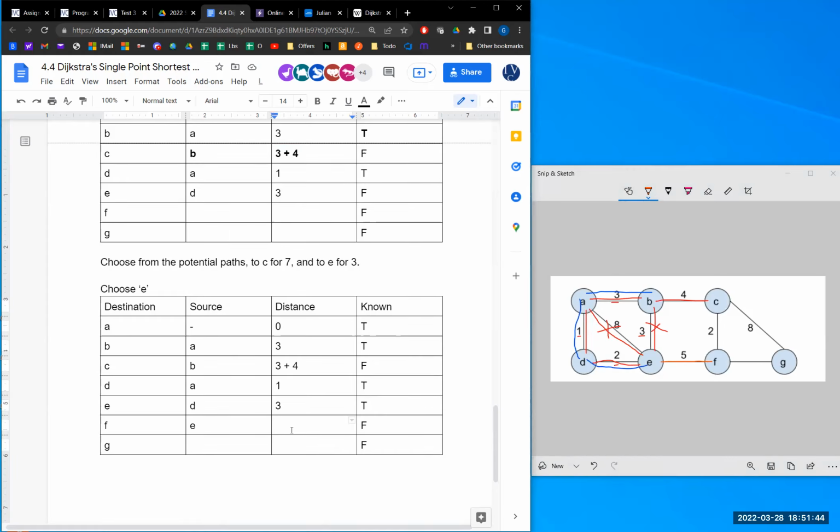Just toss a number in the chat if your keyboard's working. If A is our starting vertex, what is it going to cost us to get to F? 8, 3 plus 5, all good answers, right? 3 plus 5 took us 3 to get to E, which is a 1 plus 2, but that doesn't much matter at the moment. 1 plus 2 plus 5, right?